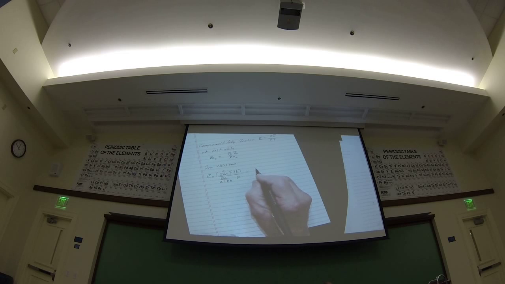Z is dimensionless. For any Van der Waals gas, it's 3/8, 0.375, for all Van der Waals model gases.